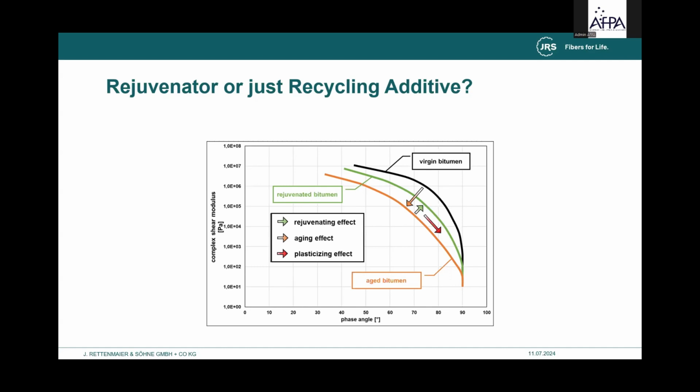By just plasticizing it, so using recycling agents or softening agents, we're just moving this curve downwards. We have no impact on the phase angle, and that is really crucial. By using a real rejuvenator, you shift this orange curve back in the direction of the virgin binder. You're lifting the phase angle, and that is a clear indication that the additive used is a rejuvenator and not a recycling additive.